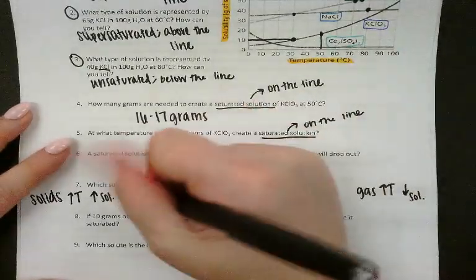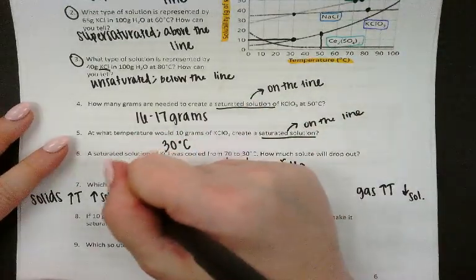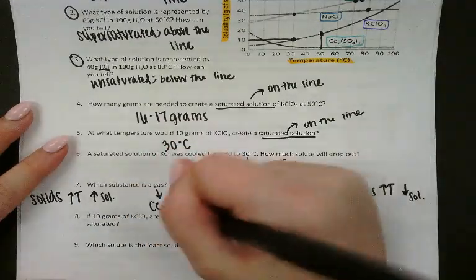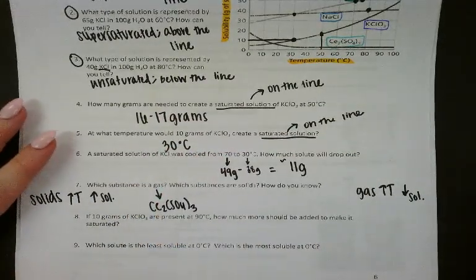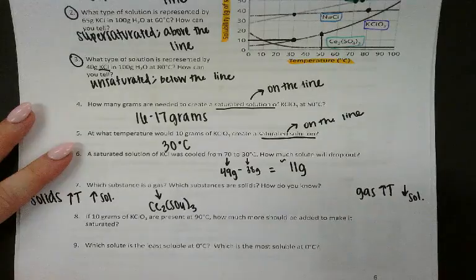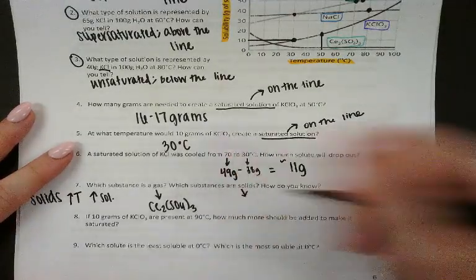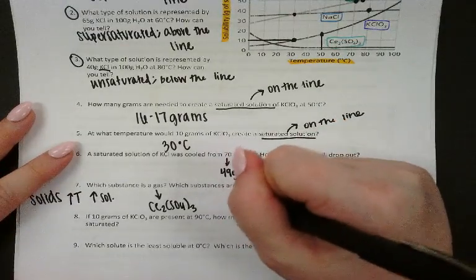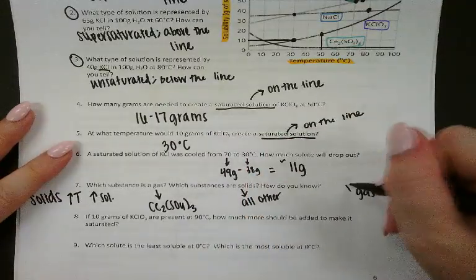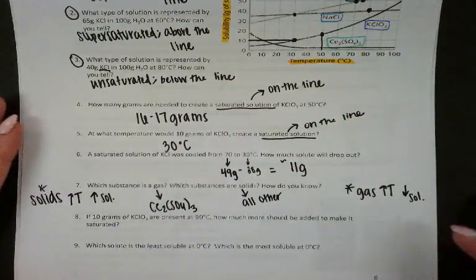Looking at that, that is our gas. All right, which would mean all of the other ones are our solids. How do I know? This is my how do I know right here. That's my explanation.